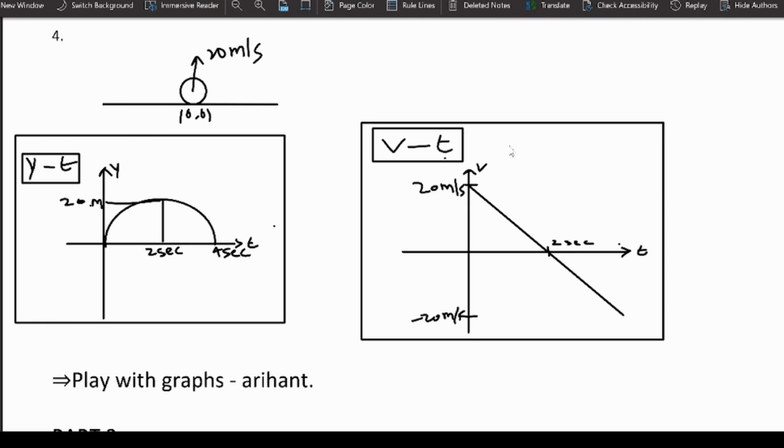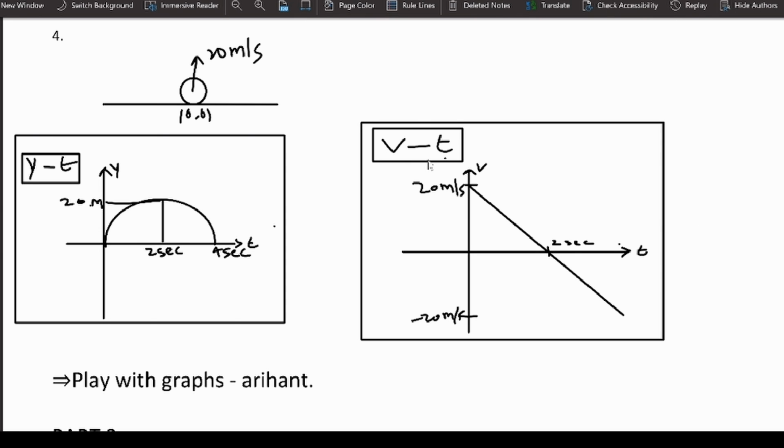Please try to visualize this properly while I speak. Imagine the event happening in front of you. The ball is going 20 meter per second, and at its highest point the velocity is 0, and the time at which it reaches its maximum height is 2 seconds, right? While coming down again, it comes with a velocity of minus 20 meter per second.